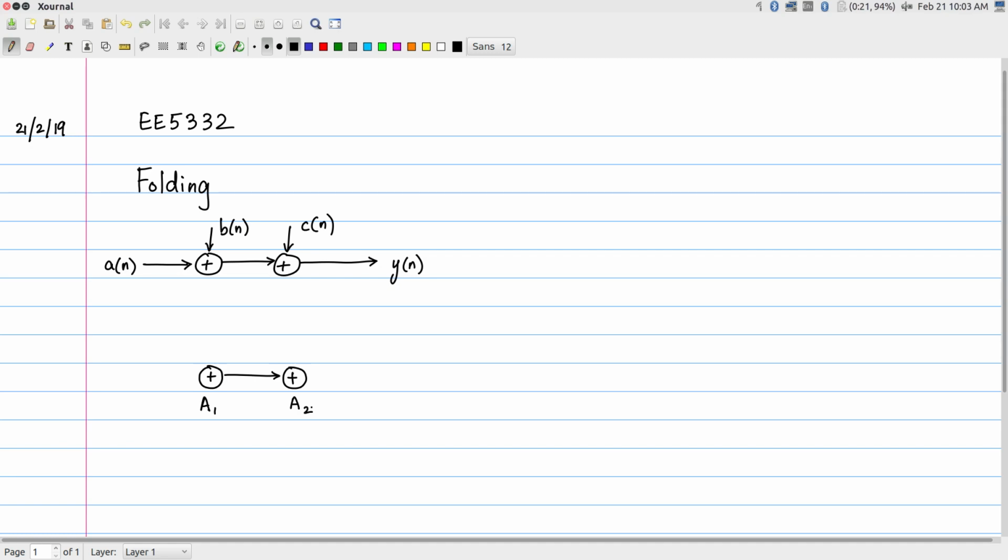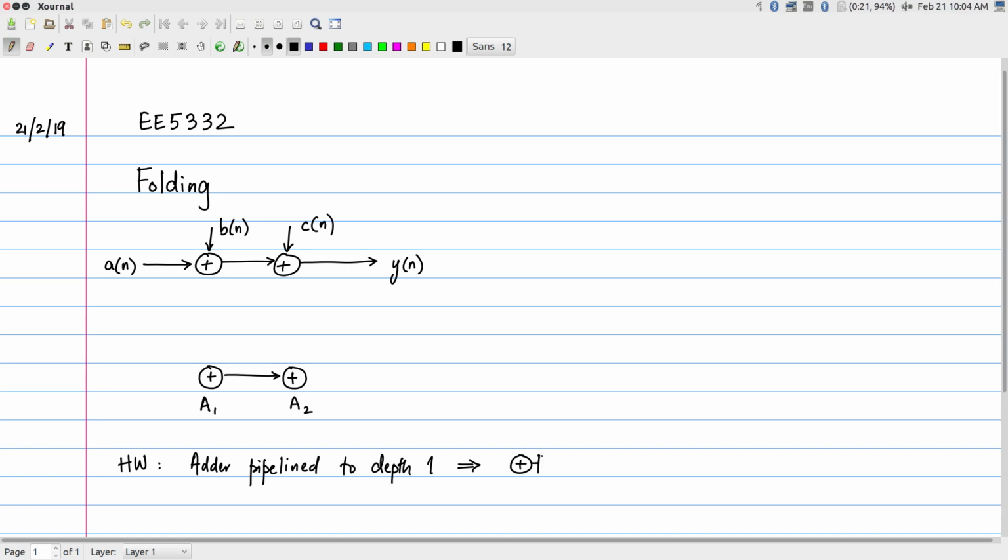Now let's take this data flow graph. The hardware that I have available is an adder pipelined to depth 1, which essentially is something that looks like this.